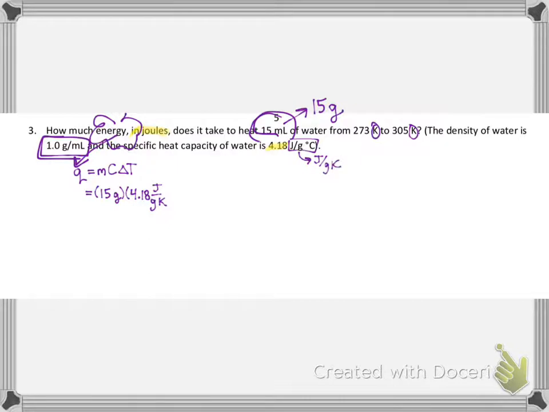So you don't have to do any conversions. You can just quickly make this a joule per gram Kelvin, because then when we plug in for delta T, which is T final minus T initial, you'll notice the units cancel delightfully, right? Grams will cancel, Kelvin will cancel, leaving only joules, which is perfect because that's what we were looking for. So when you multiply, you get something like 2008, right? But did you notice we only have 2 sig figs?